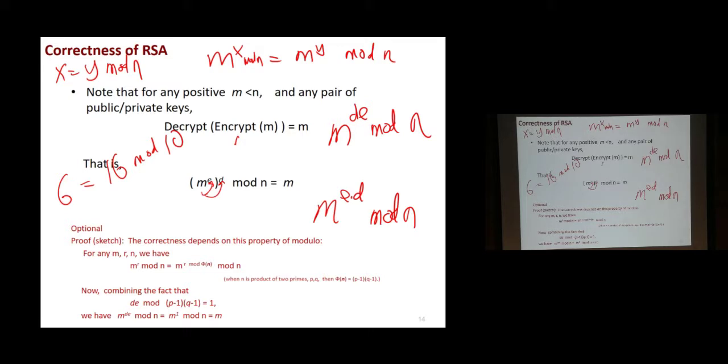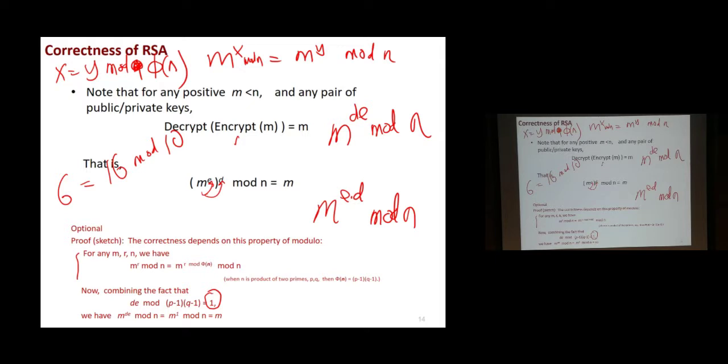There's one fact: if this condition holds, these two are equal. It's what I've written here. Now what are D and E? D and E are chosen in such a way that D times E modulo phi N is equal to 1.